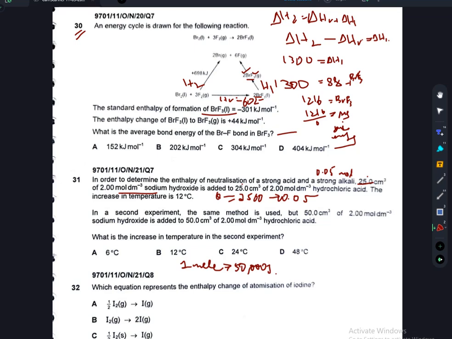Okay, so in the second experiment he used 25 centimeter cube of 2 mole per decimeter cube. He used 2 mole per decimeter cube is added to 50. Done. Okay, so I understand.